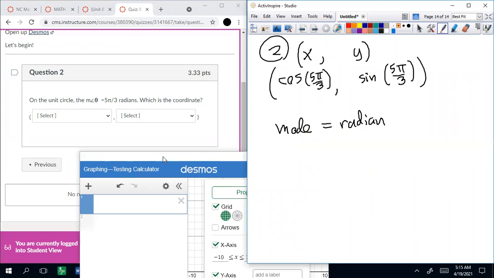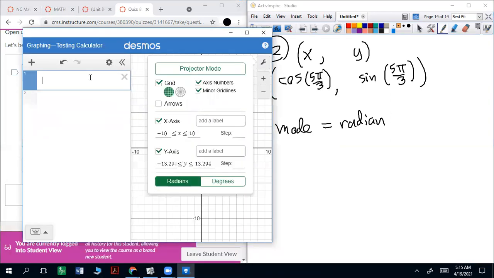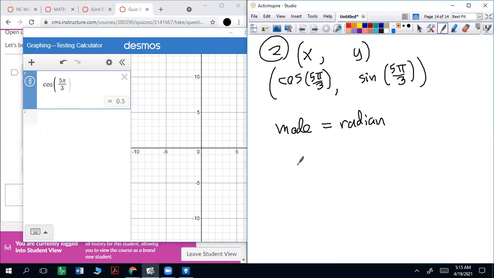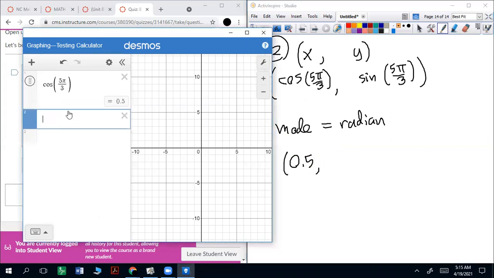So let's do that. So we're in radians. We do cosine, parentheses, 5 pi over 3. And that is going to give you 0.5. And then sine of 5 pi over 3.